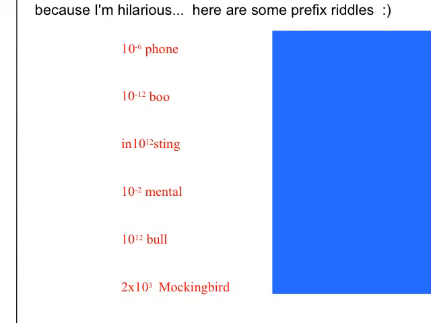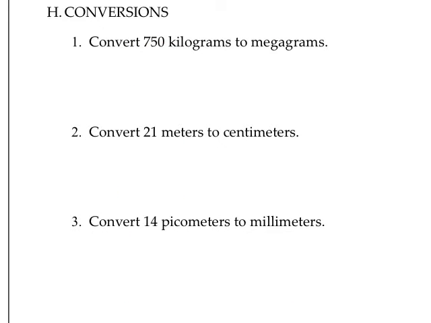The last thing that we're going to do is learn how to convert between the various prefixes and power of 10 values. Now, some of you may already know how to do this, but I'm going to show you a shortcut. If it helps you, you're welcome to use it. If you're already really good at converting, feel free to stick with whatever method works best for you. But this is going to be the shortcut. We have this problem of converting kilograms to megagrams, so we're going to start by writing the number given as is, so 750, and then times 10.